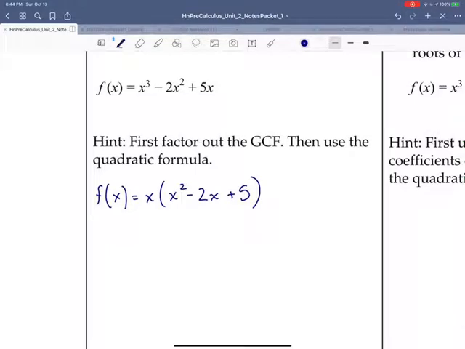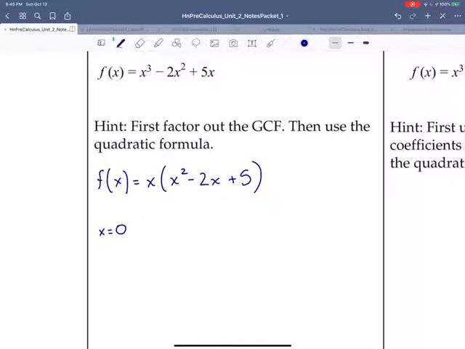So we know that one of the zeros is 0, and to find the rest of the roots, we're going to use the quadratic formula. If we tried to test rational roots, we'd see that this quadratic has no rational roots. If we tried factoring, we would see we're not able to factor. So we use the quadratic formula to find the roots.